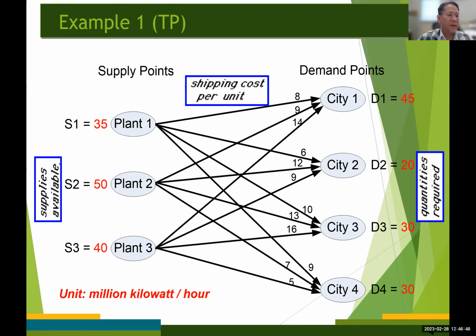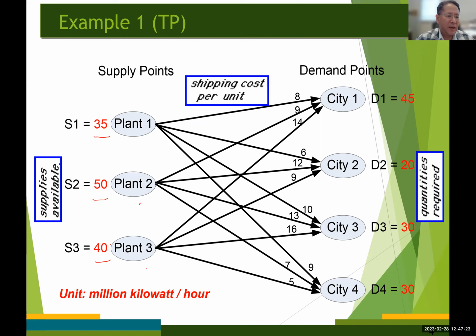The power company has three electric power plants, plant number 1, 2, and 3, that supply the needs of 4 different cities. Plant number 1, for example, can supply 35 million kilowatt-hours, plant number 2 can supply 50 million kilowatt-hours, and plant number 3 40 million kilowatt-hours.